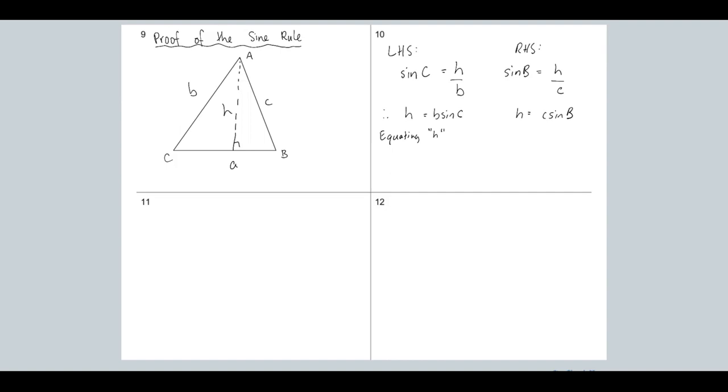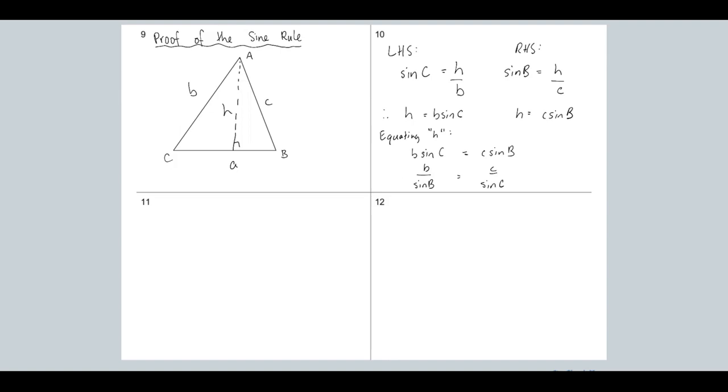So equating the h, we have b sine C is equal to c sine B. And now if I divide both sides by the sines, I'll get b over sine B is equal to c over sine C. That's one pair. I could choose two other sides and angles to work out that a over sine A equals b over sine B, or a over sine A equals c over sine C, and so on.